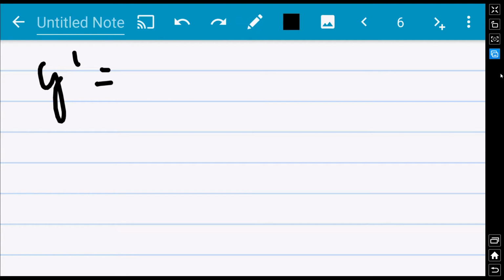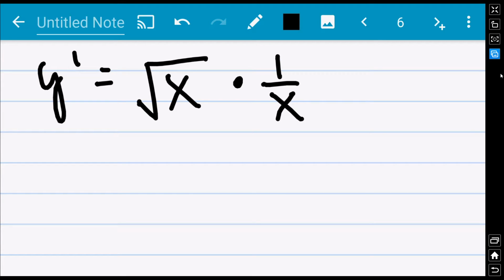Let's say you have root x times 1 over x. It's also a bad example, but whatever. We'll stick to it. I should probably get some examples for next time.